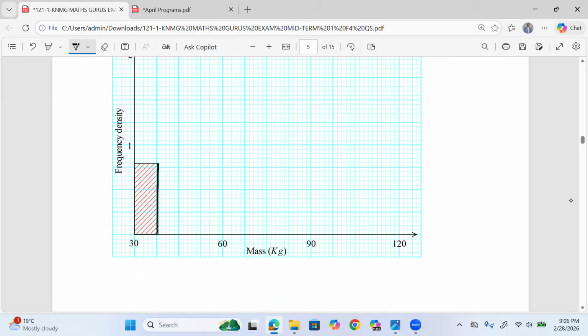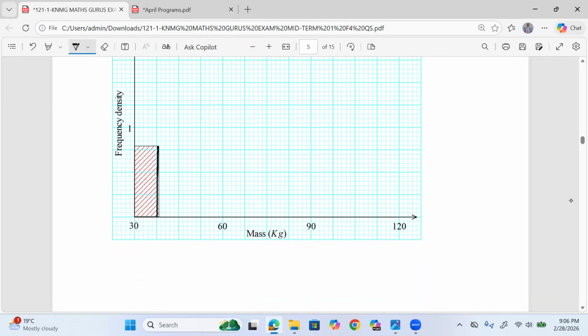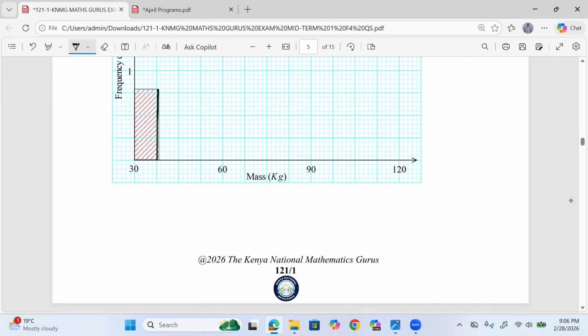I'm trying to establish the scale that has been used. Just give me some time to establish the scale on the x-axis. So on the x-axis, let's identify the scale that has been used by the examiner. The scale is, you see, from 30 to 60. What are we having there? 1, 2, 3, 4.